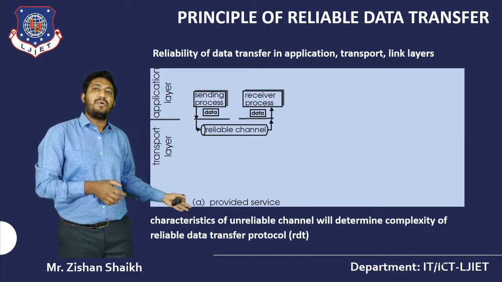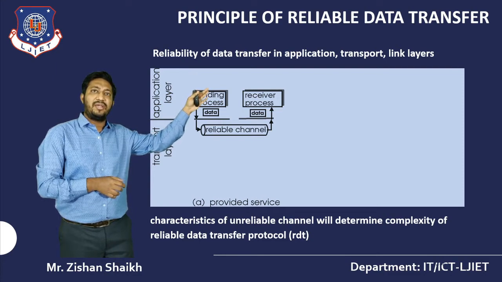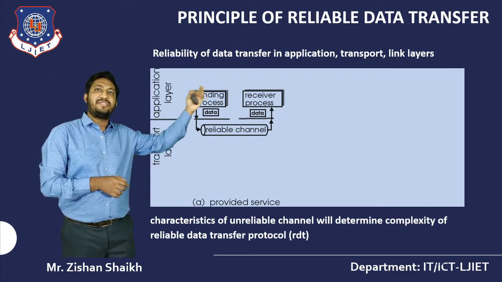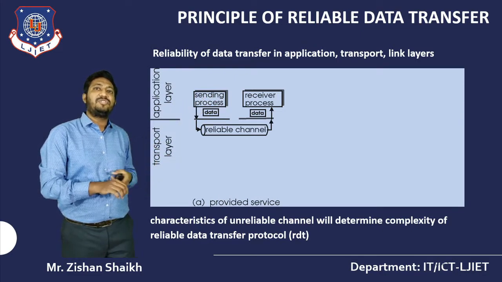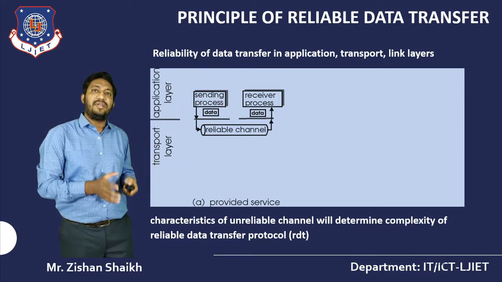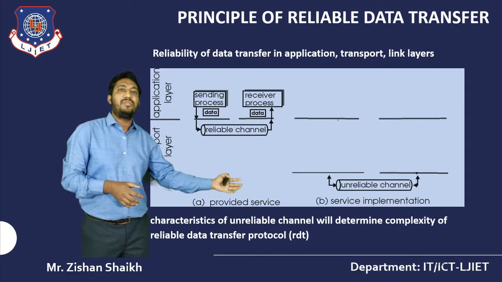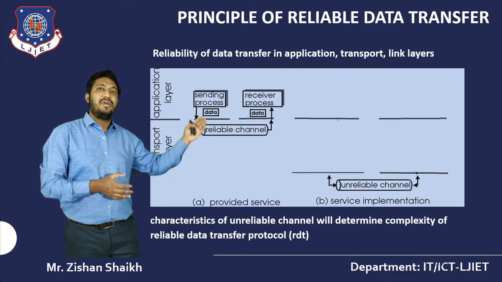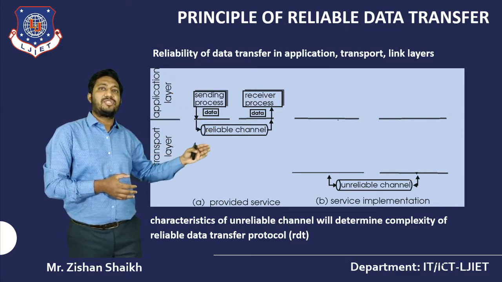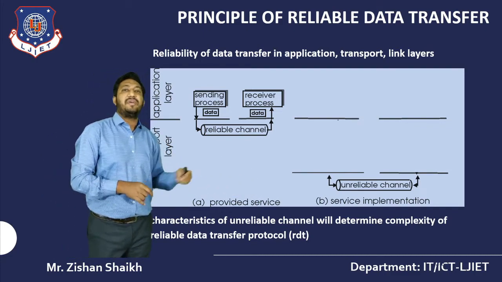When we are talking about the services provided, first, at the application layer, the sender and receiver maintain the data, and the transport layer provides the facility to transfer the data reliably from source to destination. Now we are talking about the service implementation. Our data is transferred by the transport layer, but it is transported by the physical layer.